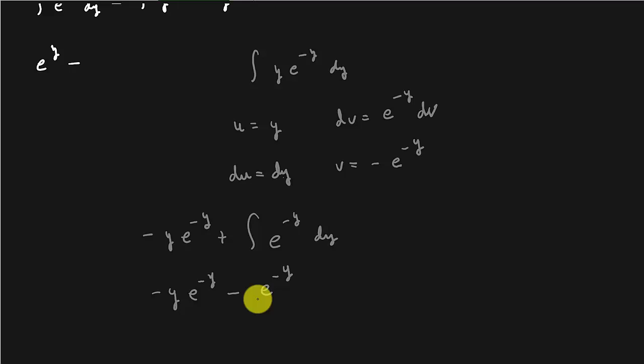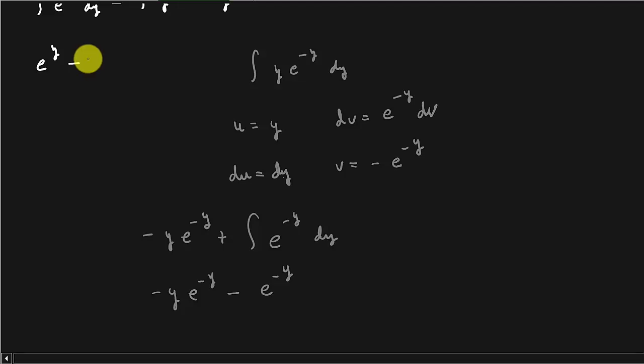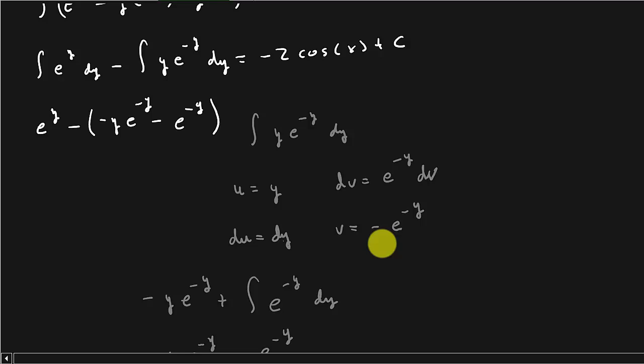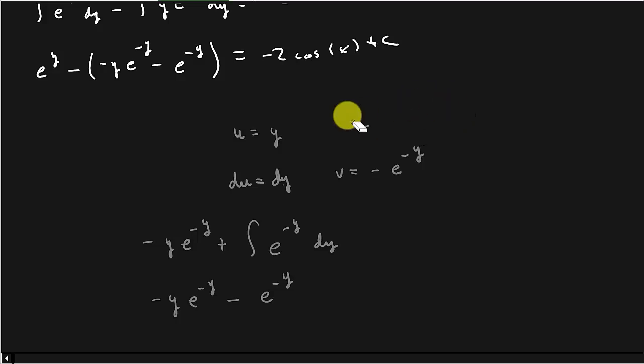And so this is going to be minus negative y e to the negative y minus e to the negative y, and that is equal to negative 2 cosine x plus c. All right.